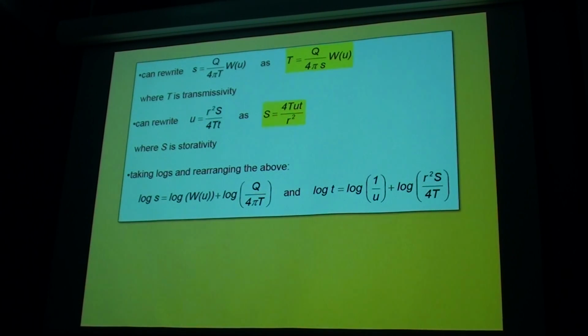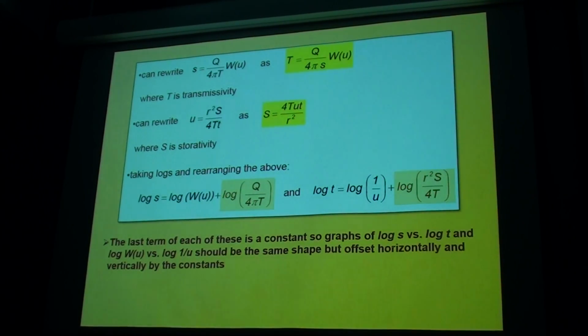So essentially, we've got log s equals log W(u) plus a constant, and log t equals log 1 over u plus a constant. So what you can do is graph log s against log t, on a log plot. That's your drawdown data and that's your time data, the stuff you get from your pump testing. Okay, so we've got that information.